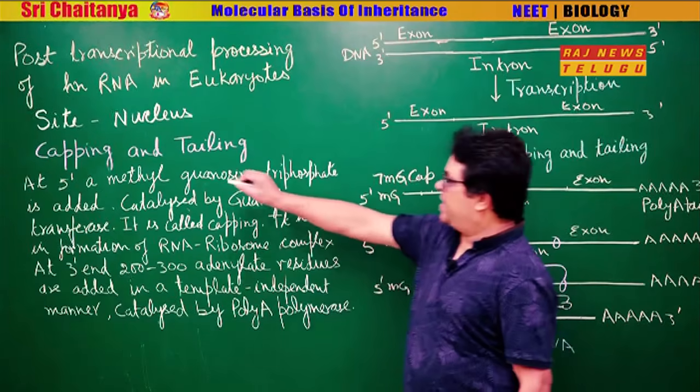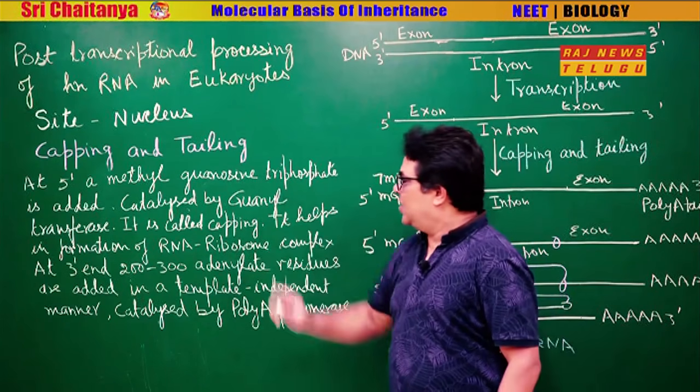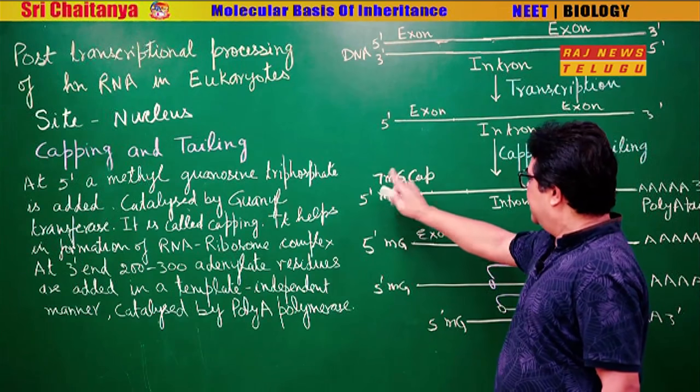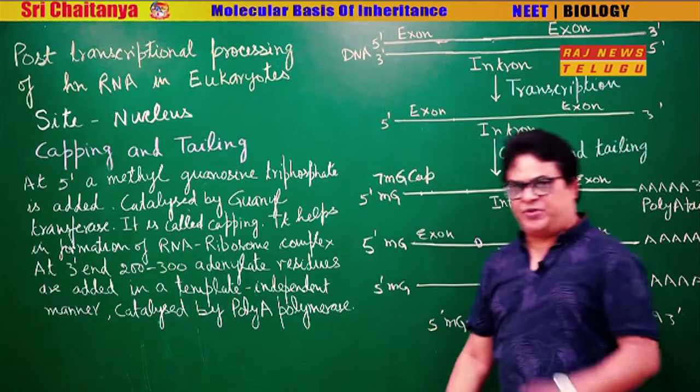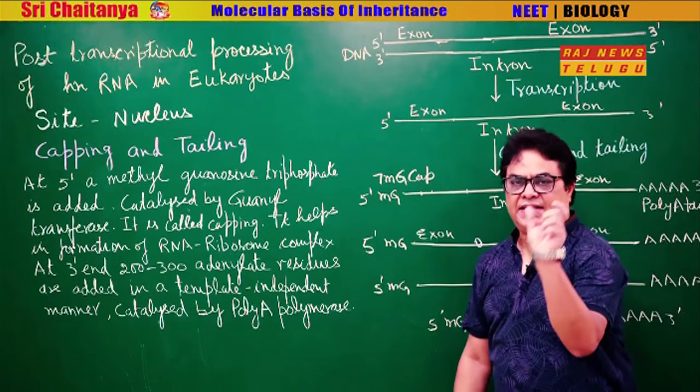Okay. Capping and tailing. You see, at the 5 prime end of the hnRNA, a methyl guanosine is added. Okay, it has methylation at the 7th position, that is why it is called 7-methyl guanosine, and this is called a cap.